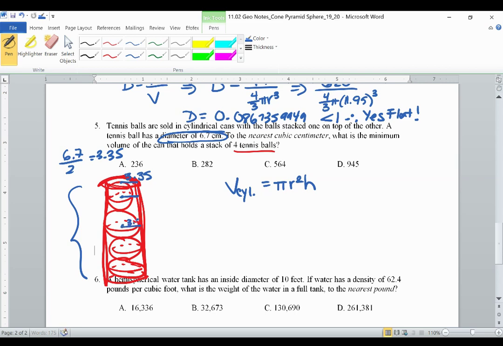So we know this is 3.35, then I know if it's a sphere, the radius at any point is 3.35. So if this is 3.35 and this radius up here is also 3.35, then that's my diameter right here. And I was given the diameter is 6.7 centimeters.